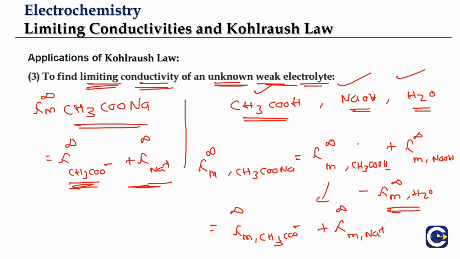So when we are doing the limiting molar conductivity of the acetic acid plus that of the sodium hydroxide minus that of the water, what we are essentially doing is trying to get this combination, the limiting molar conductivity of the acetate ions plus the limiting molar conductivity of the Na plus ions. So if you are able to make the algebraic calculation like that, we will be able to find the limiting conductivity of the unknown electrolyte. We will work out a problem on this also.